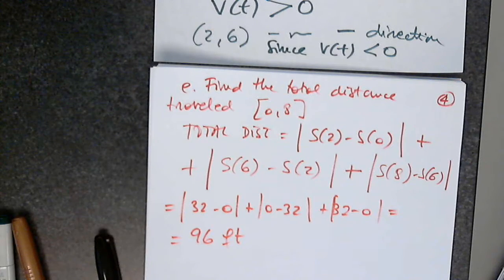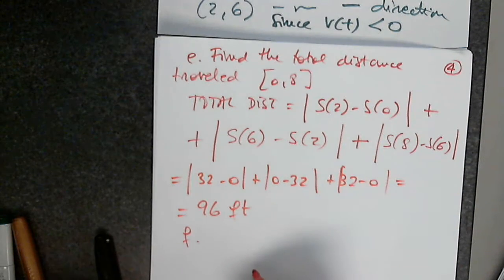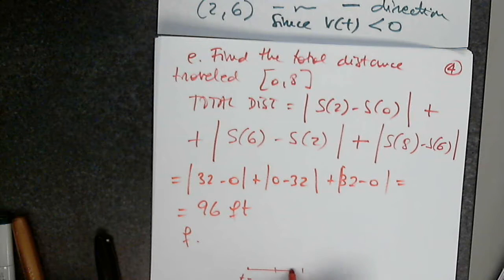We'll draw the diagram in a second, which I already did. We can draw the diagram F. So here's a diagram. At time equals 0, it goes for 2 seconds in the positive direction. So this is t equals 2.